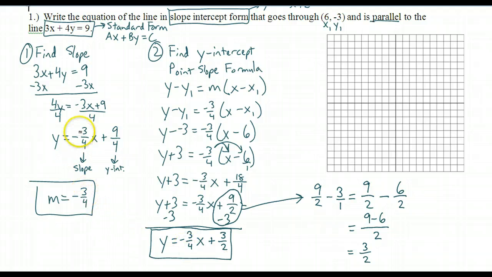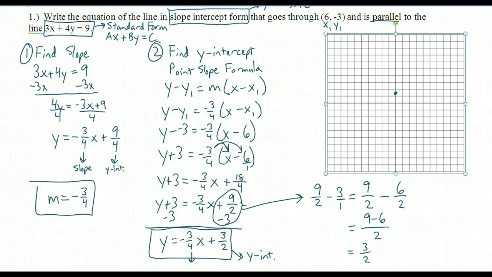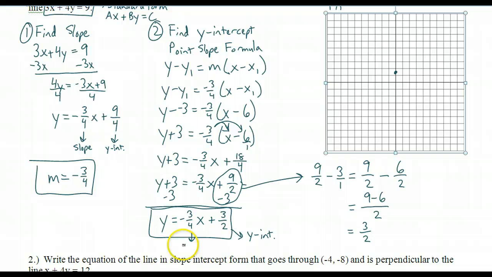My line is parallel to this line, and I need to check to make sure it goes through this ordered pair. So I'm going to graph this line. My y-intercept is 3/2. 3/2 is 1.5. From there, I have a slope of negative 3/4.